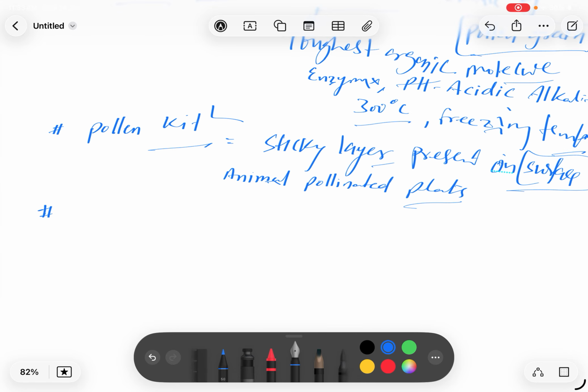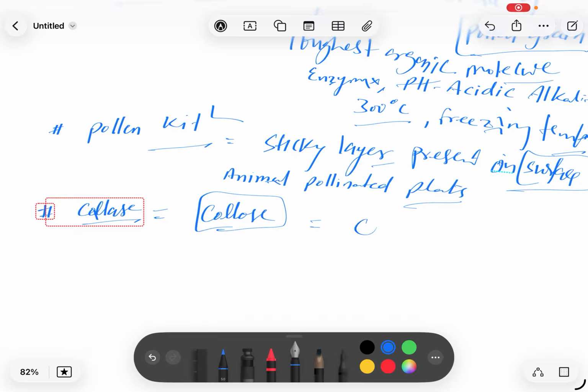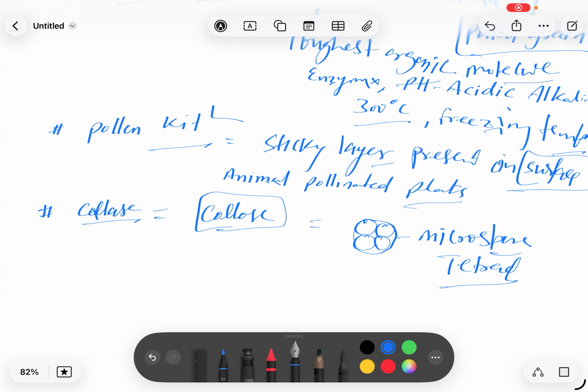Similarly, tapetum also produces callase enzyme, which digests callose, and the callose is present between the microspores and holds together the microspore tetrad.